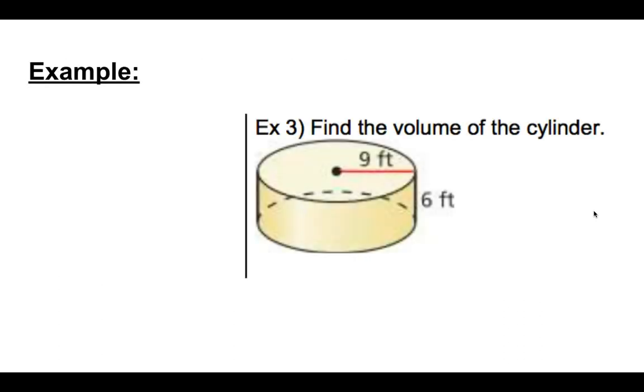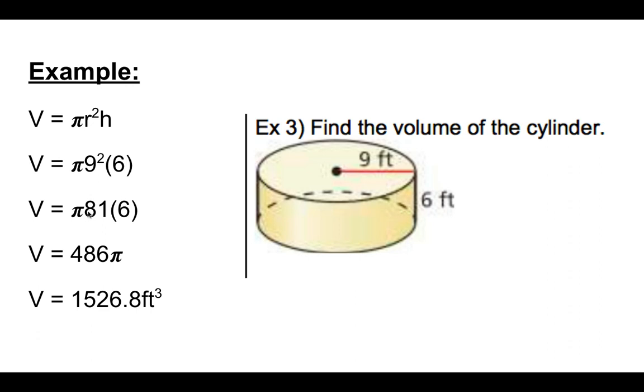Go ahead and find the volume of the cylinder. We've talked about this before with finding the area of a circle. When you find the area of a circle, what you're going to do is pi times r squared. So if you just want to find the area of the circle, it would be pi times r, your radius. So your radius is 9. And then if you square it, that gives you 81.